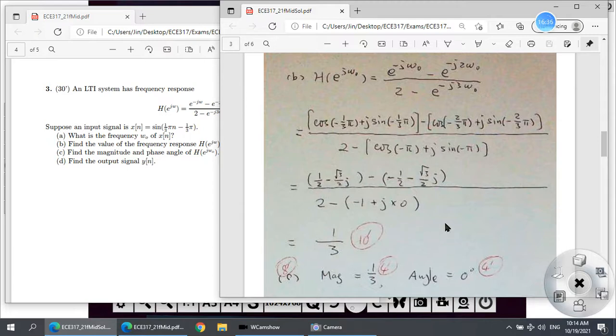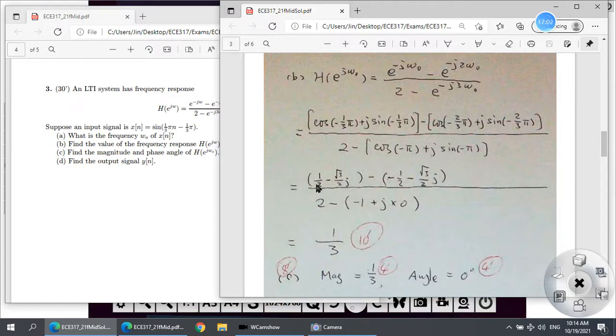And here actually we have something that can be cancelled. Like the numerator, I have half minus the square root of 3 times j, and negative 1/2 minus 3 square root of 3 over 2 times j. And here we subtract. By this subtraction, the j terms, these two, will be cancelled, right? Yeah, they cancel.